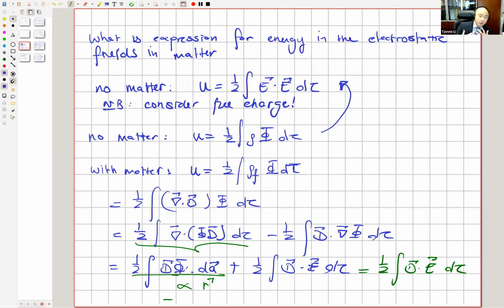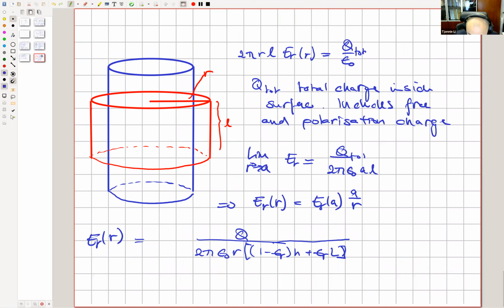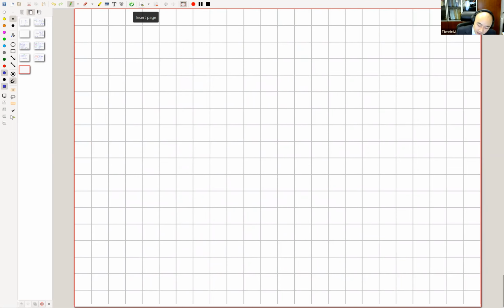Those who've started reading, for example, Griffiths, will possibly have seen a difference, because I asked you to show this in a particular field. So why don't I go through the example in Griffiths, and then I can point out where the actual difference is.